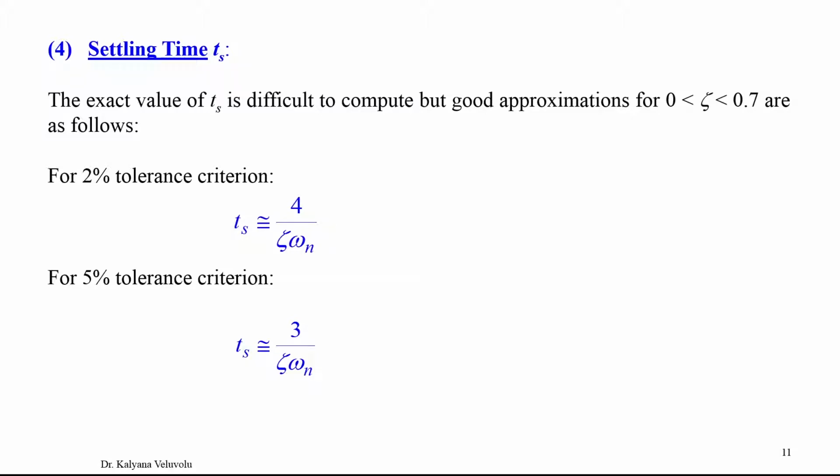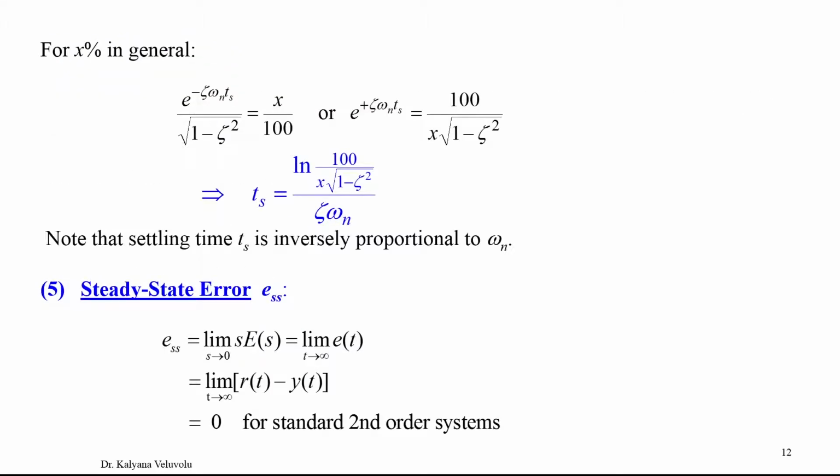For the 2% tolerance criterion, the settling time is given as 4 by eta omega n, and for the 5% tolerance criterion, Ts is equal to 3 by eta omega n. So the 2% and 5% are commonly used settling time expressions.